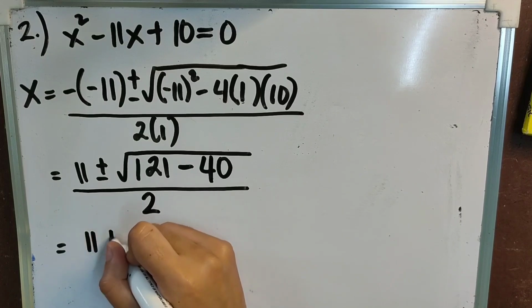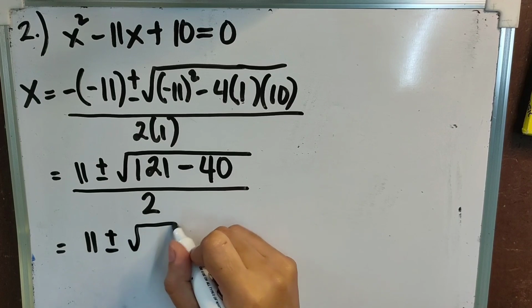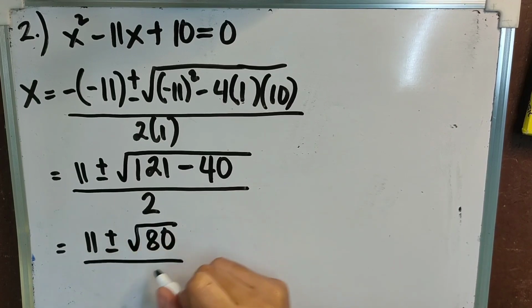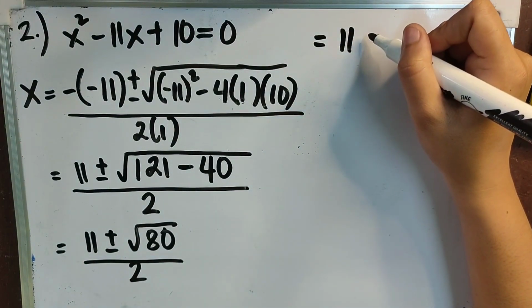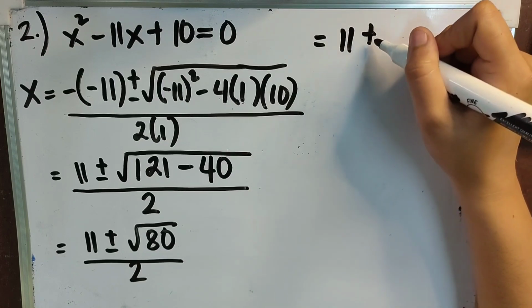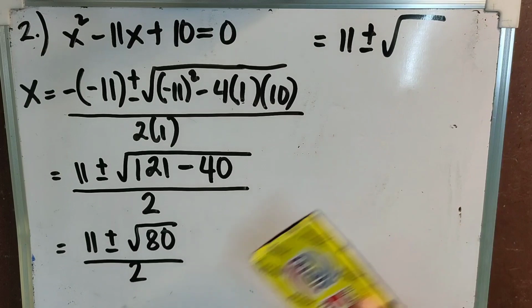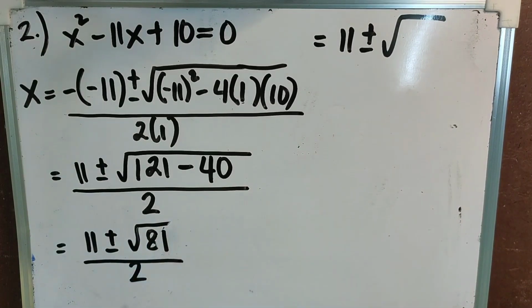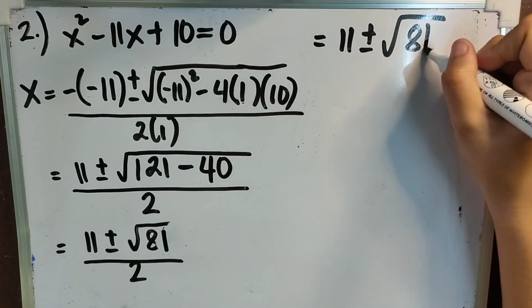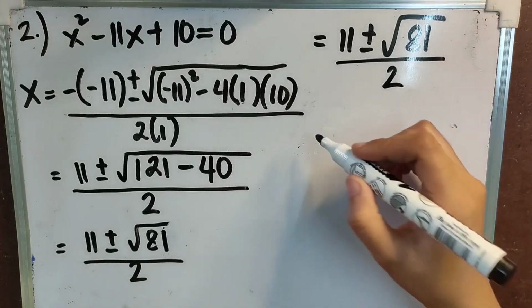Okay, 11 plus minus square root of 121 minus 40, the answer is 81 over 2.